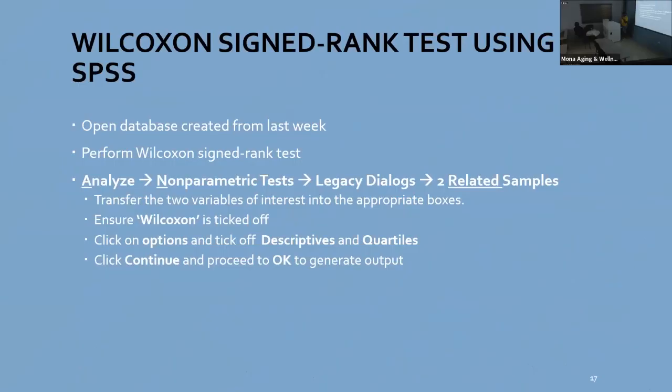So we're at the final step, which is to use SPSS to run the Wilcoxon signed rank test. I've already done most of the work for you. You have the database from last week. It's SBP 2023 or something like that.